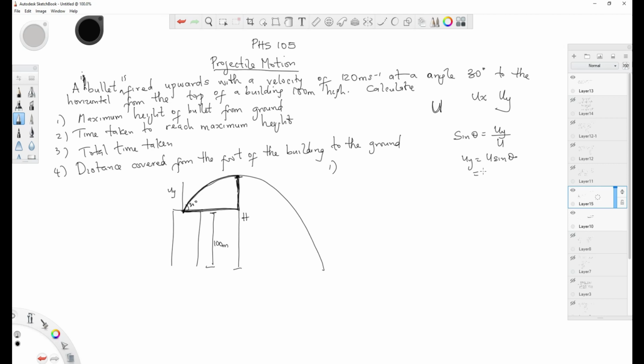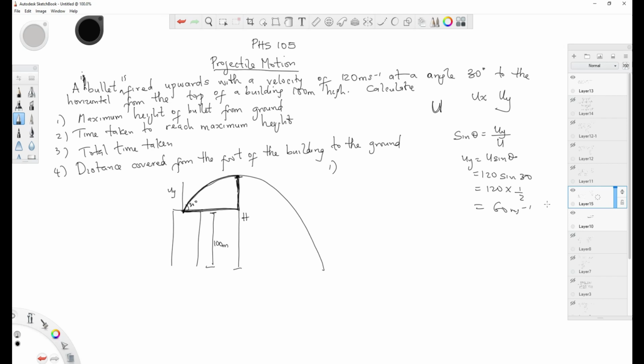Already know the resultant u to be 120, then sine 30. 120 sine 30 is half times 120, and that's 60 meters per second.